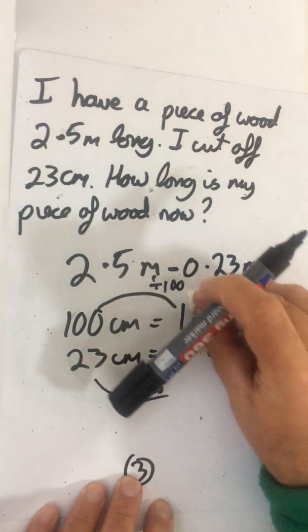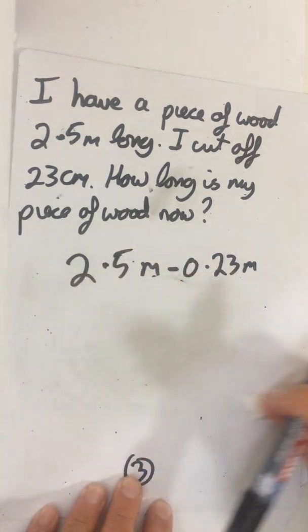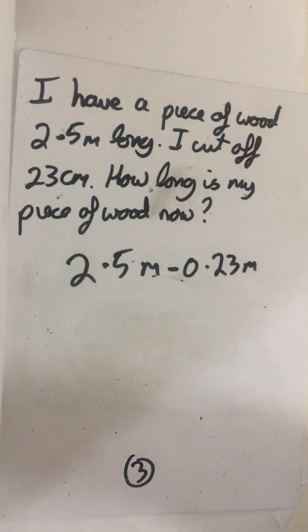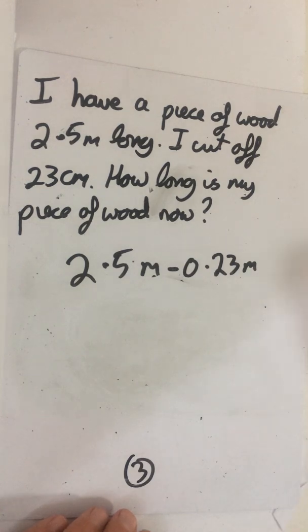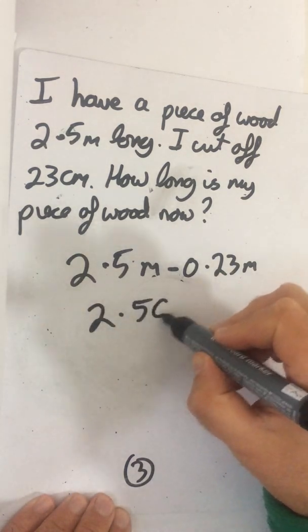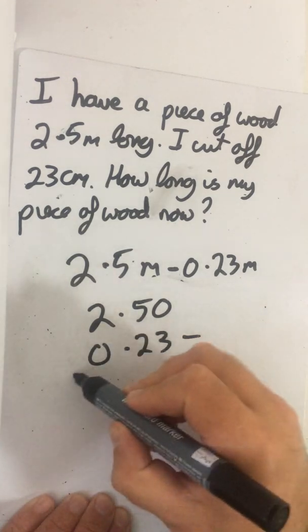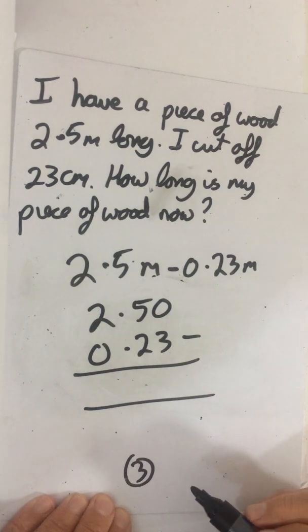Now that they're in the same unit of measurement, I have to be really careful when I'm converting them, multiplying by 100, dividing by 10, or whatever I have to do. Okay, so this is going to be 2.50. I'll just call it 2.50 minus 0.23, and then I just do my written method from there.